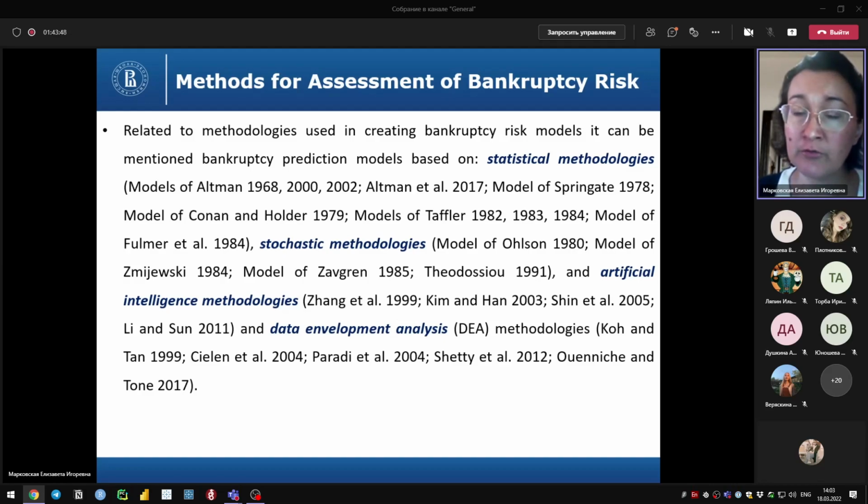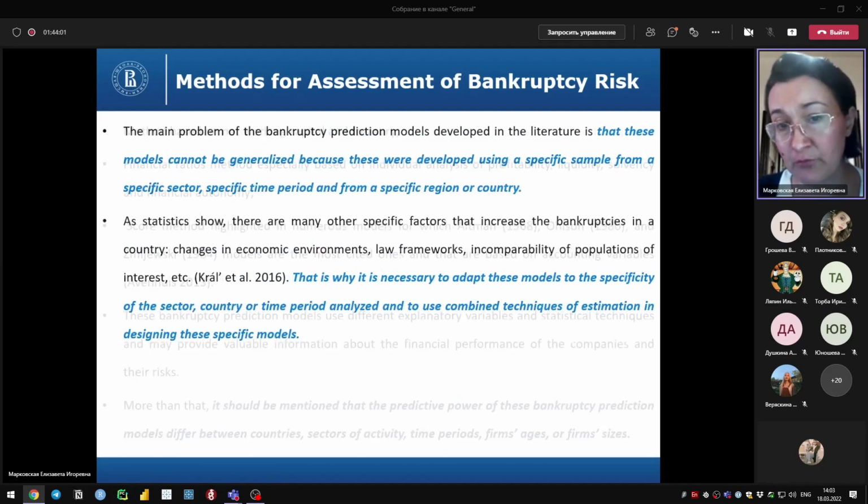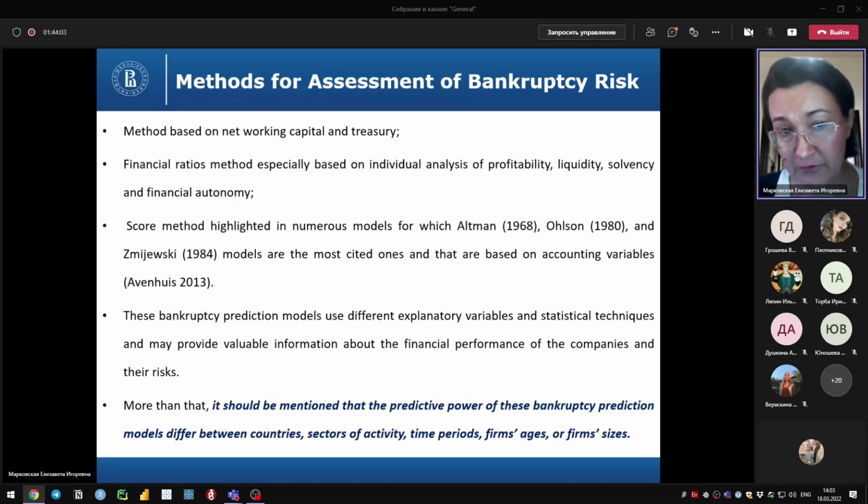If you choose the bankruptcy risk analysis, you have to choose any model appropriate for you and apply this model based on your company and get the interpretation. But please remember that the final aim of your analysis is to conclude about the financial sustainability of your company.